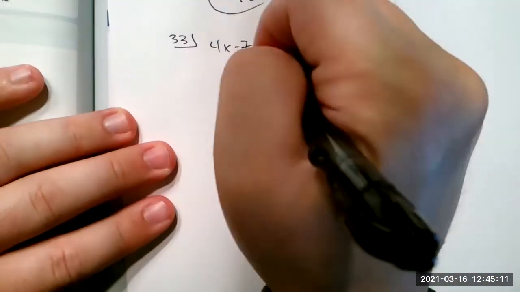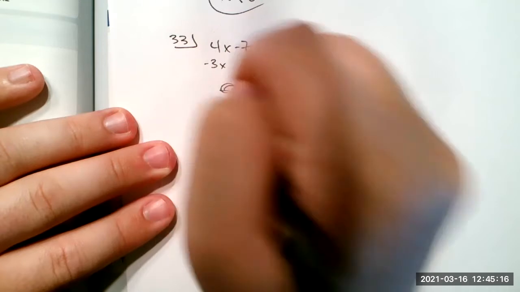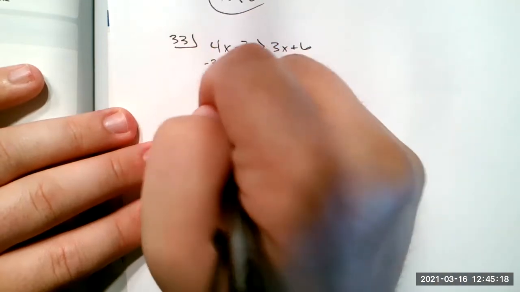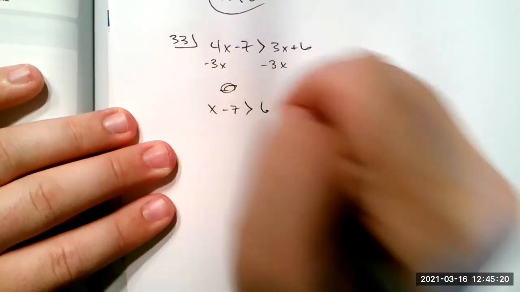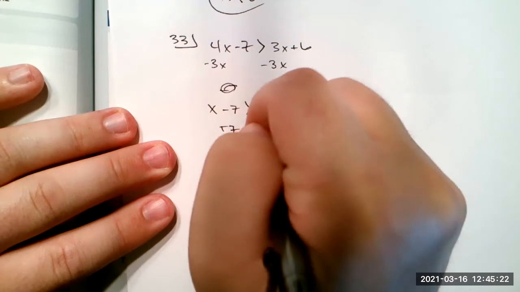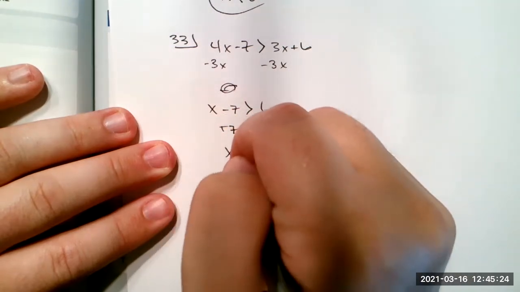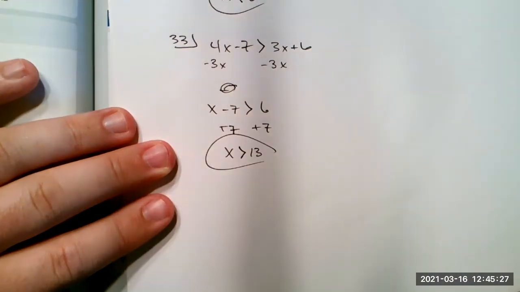And now I just solve it. Subtract 3x from both sides. So I get x minus 7 is greater than 6. I'll add 7 to both sides, so I get x is greater than 13. So there's that inequality.